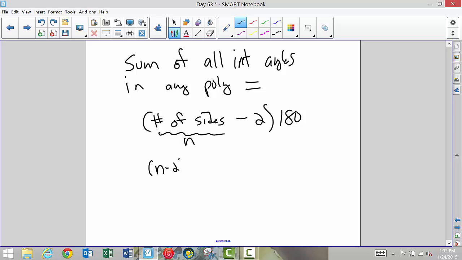So n minus 2 times 180 will give you the sum of all interior angles in a polygon.